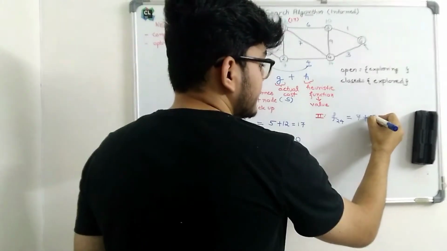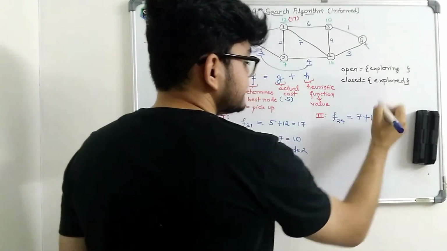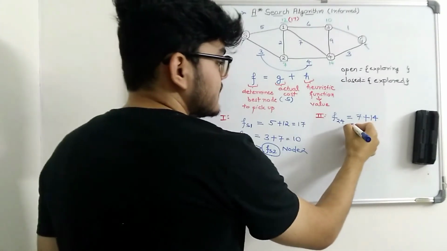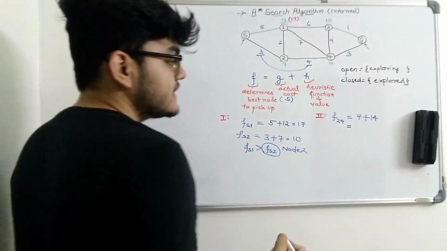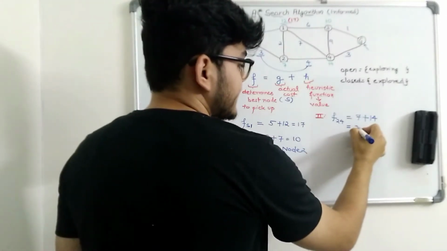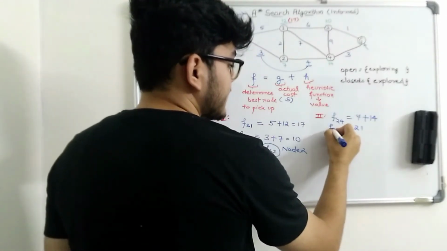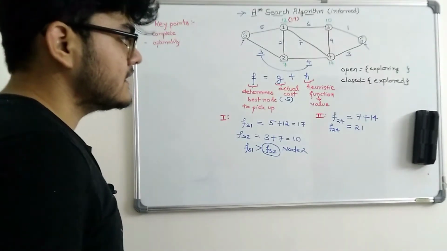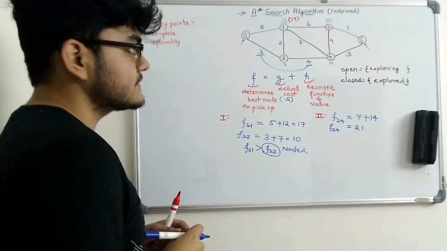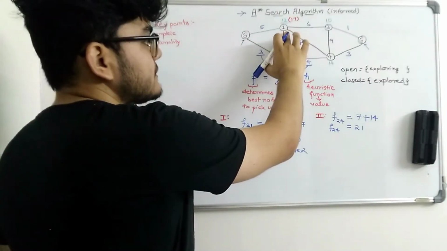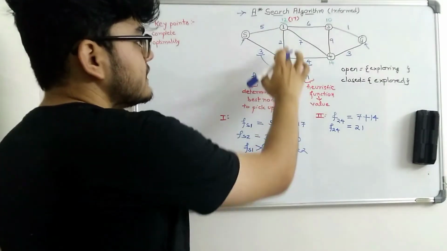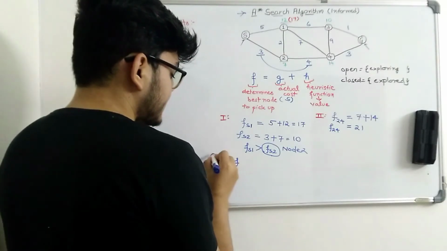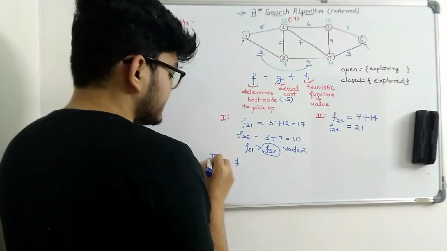So I'm just going to add 14 here. When you add this, you will get 21. f of 2 to 4 is 21. Now we will explore this node also. We will explore node 1 also, so I will calculate in the third iteration.